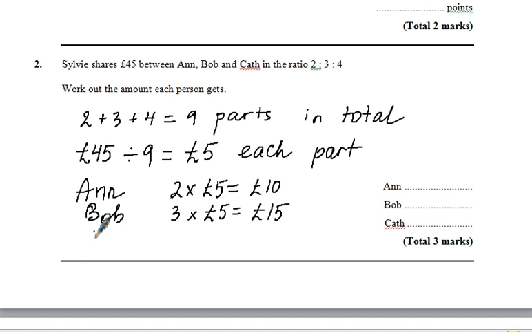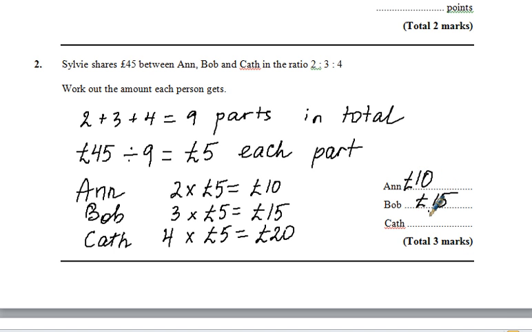And then Cuthbert gets 4 parts times 5 pounds, which is 20. So Anne has 10, Bob has 15 pounds, and 20 pounds for Cuthbert. To check your answer, add all the money together to see whether you're getting 45 pounds. 10 plus 15 plus 20 is indeed 45 pounds.